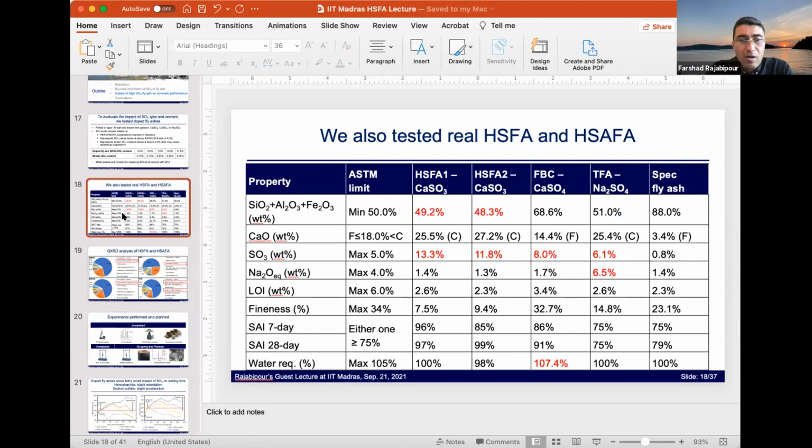Well, the carbon content, as you see here, LOI is a surrogate test for the carbon content, and all of these are at a moderate level, certainly below or within the allowable limits of ASTM. In my opinion, there is no direct interaction between the unburned carbon and the sulfur in the fly ash.